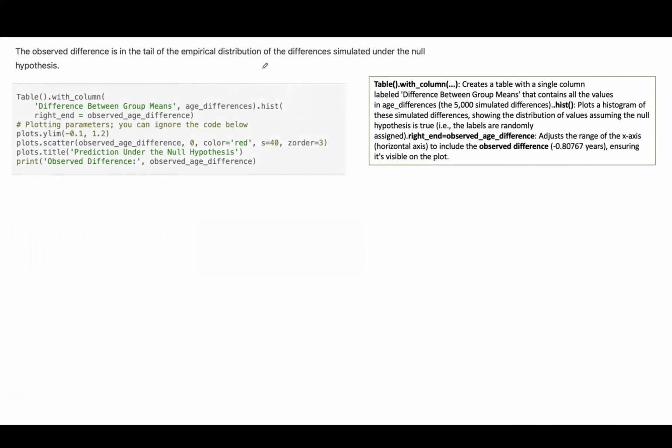We're going to repeat this 5,000 times, and we're going to take a look at the observed difference. The observed difference is in the tail of the empirical distribution of the differences simulated under the null hypothesis. The observed difference is going to be negative 0.8076 and the rest of the digits.